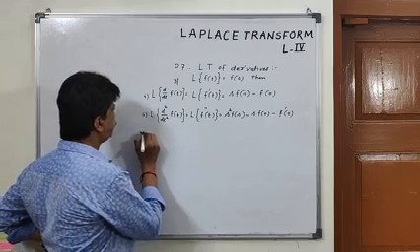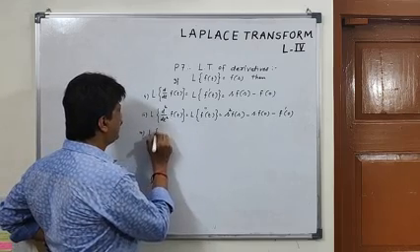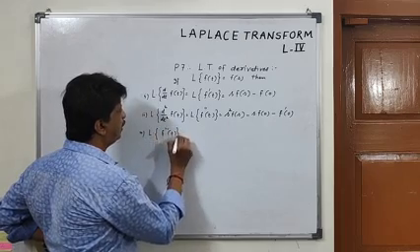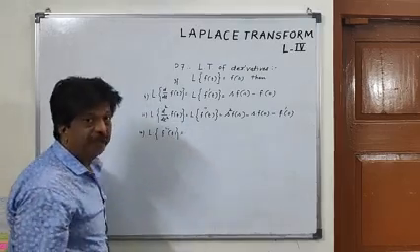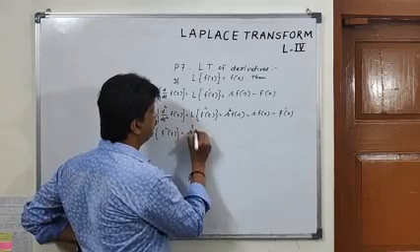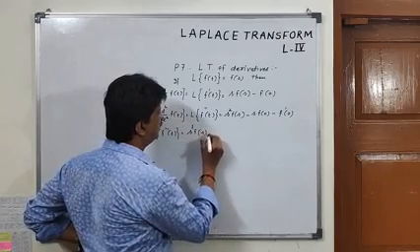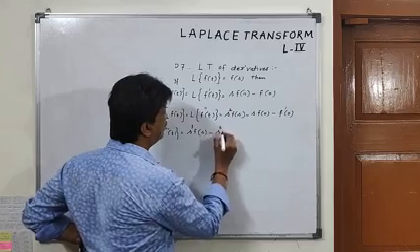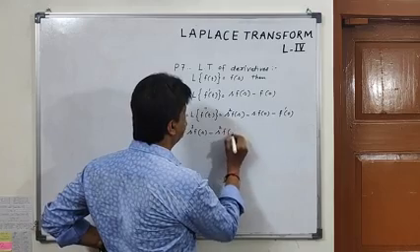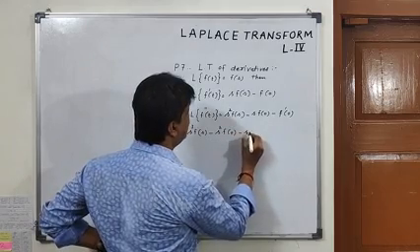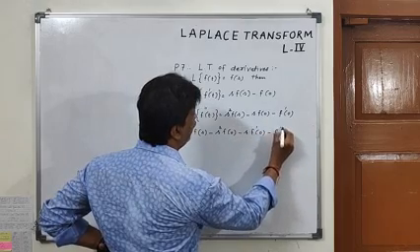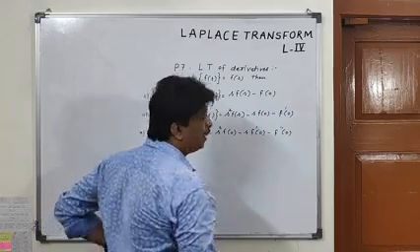Third one, Laplace transform of f triple prime of t, third derivative of f of t with respect to t, is s cube F of s minus s square into f of 0 minus s into f prime of 0 minus f double prime of 0 and so on.